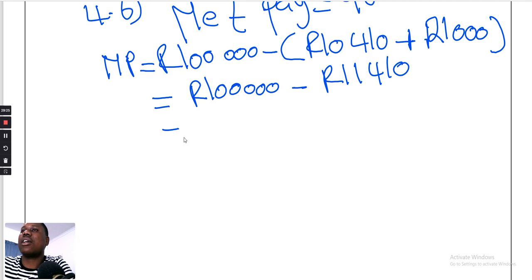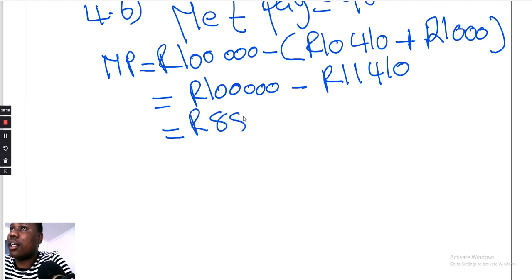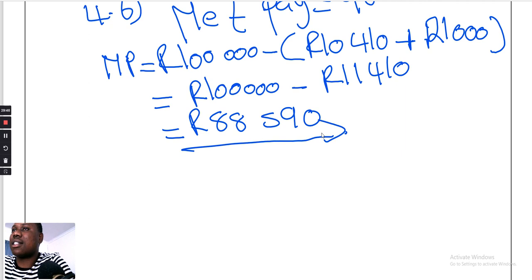When we subtract the two, how much do we get? 100,000 minus 11,410 is 88,590. So this is the correct net pay according to the correct UIF that was paid.